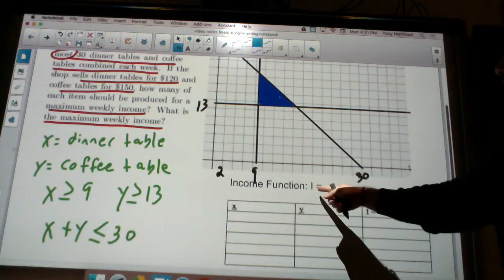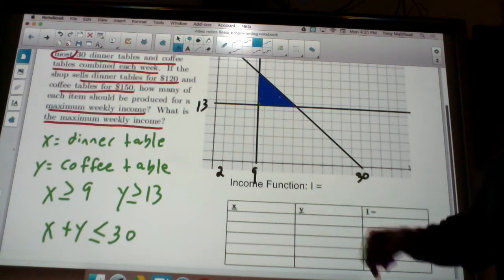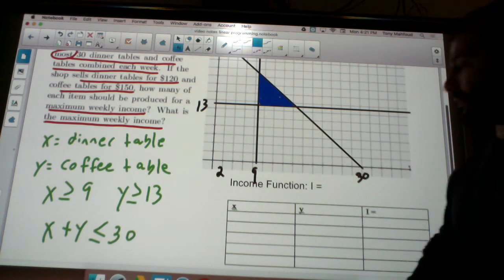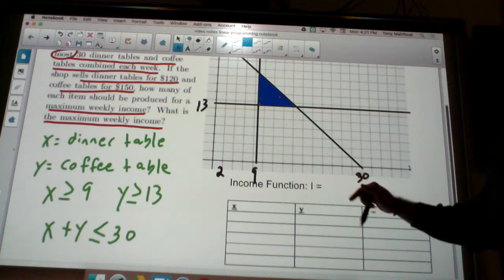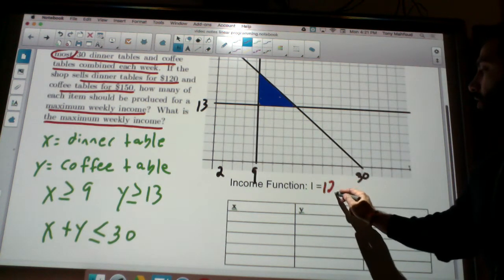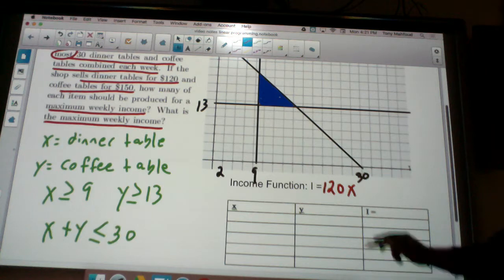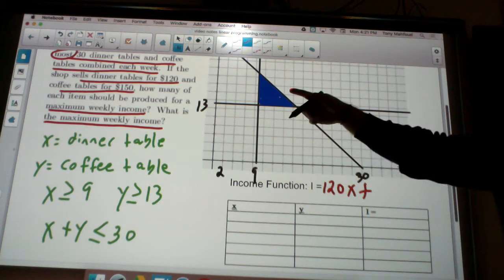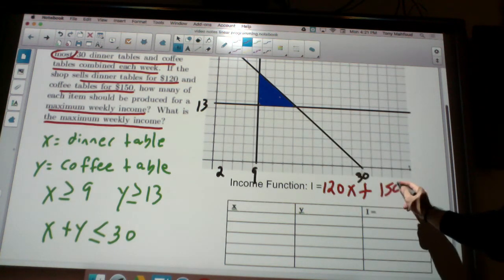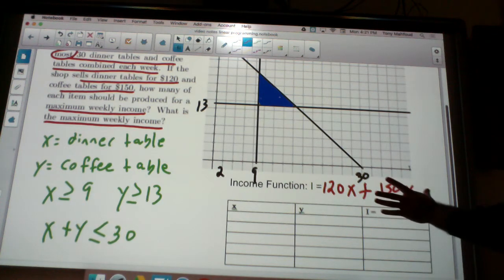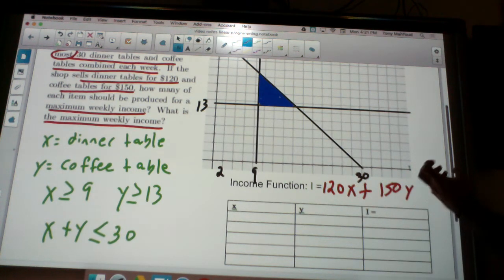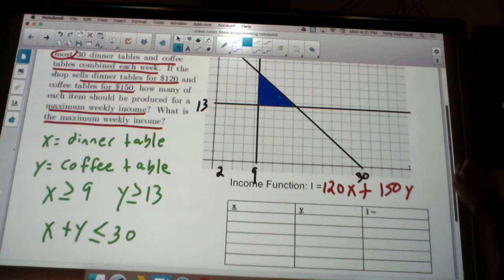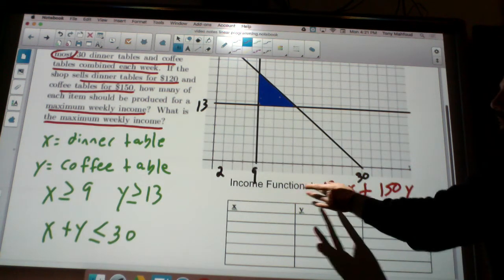But we know that my income function is going to come from me selling $120 for each dinner table and from me selling each coffee table for $150. I'm going to take that and I'm going to try to maximize the best amount of dinner tables and best amount of coffee tables that will give me the most income.